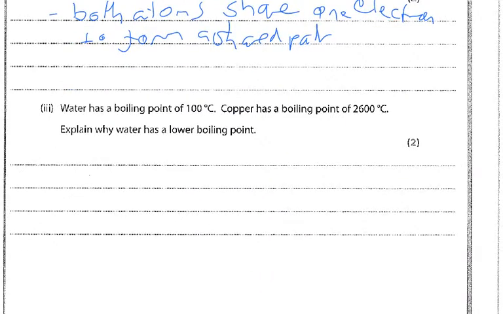Okay, water boils at 100 degrees, copper boils at 2600. Why has water got a low boiling point? Big key word here is intermolecular forces. That's the forces between the molecules, and for water they're very weak. We don't even need to say intermolecular forces if that's hard to remember, we can just write forces between molecules.